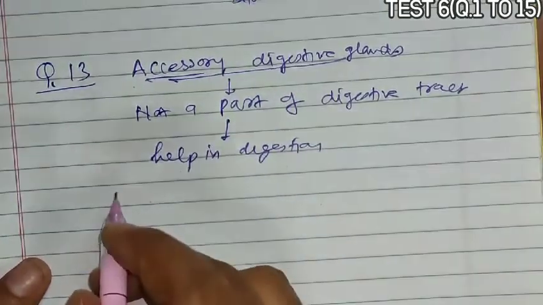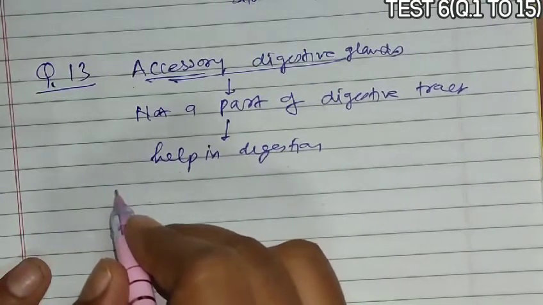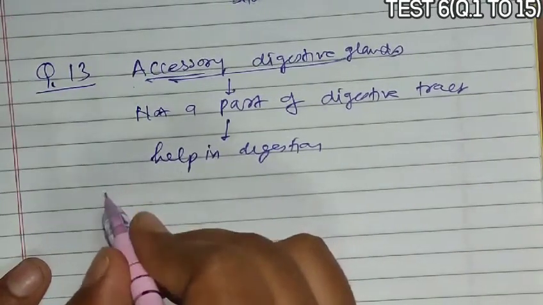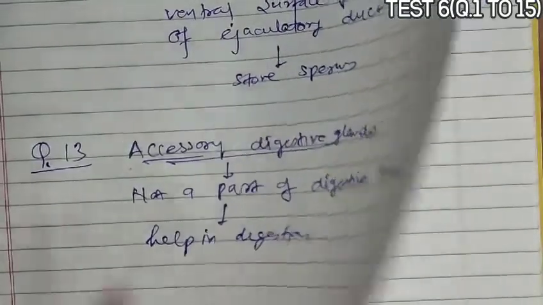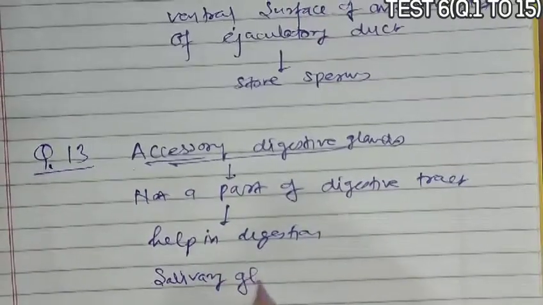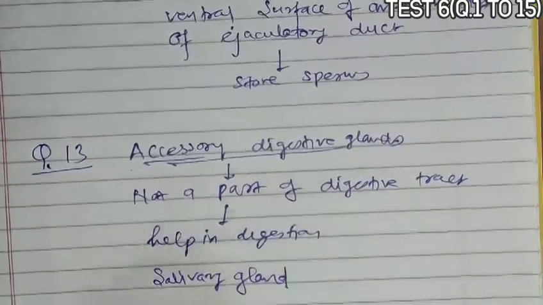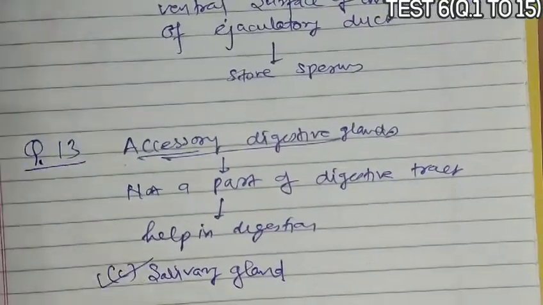So among the given option, that is the liver, pancreas, salivary gland, and all of the above. So here salivary gland help in digestion, so that become the accessory gland.